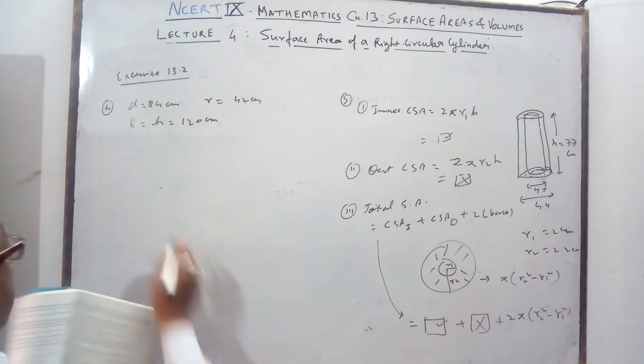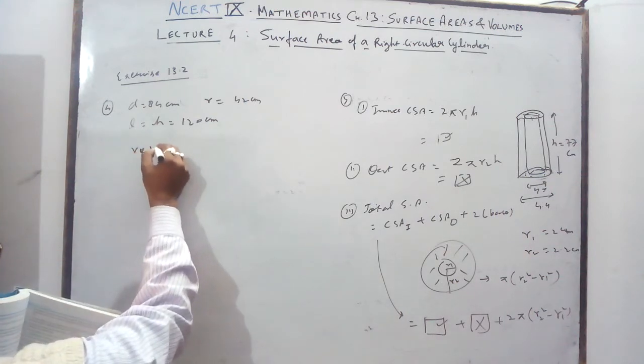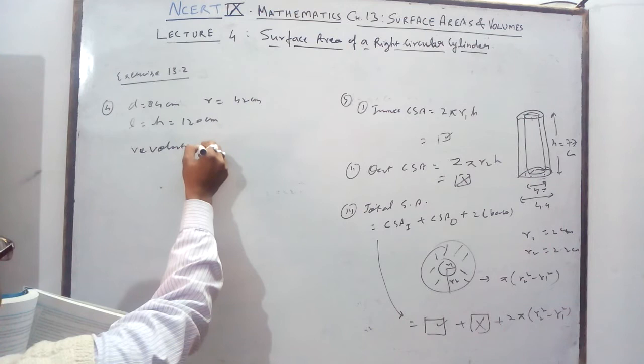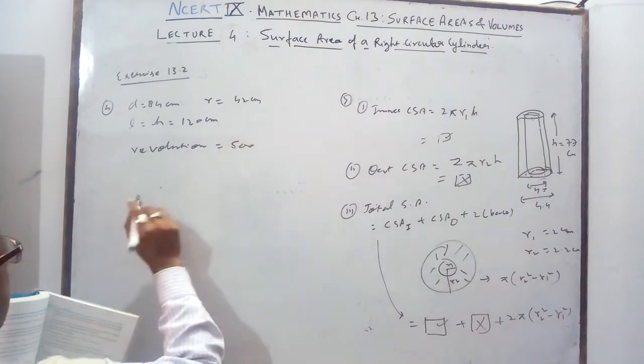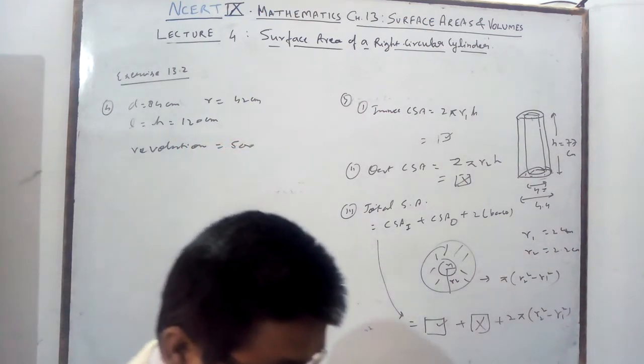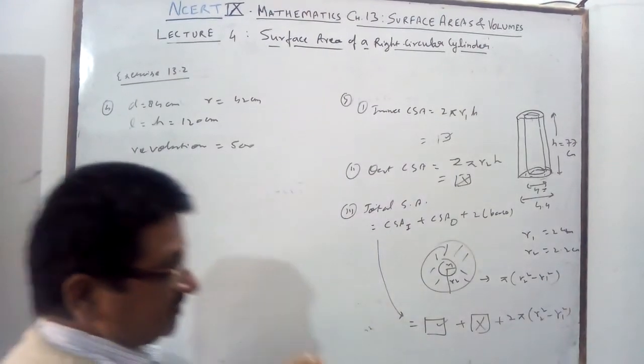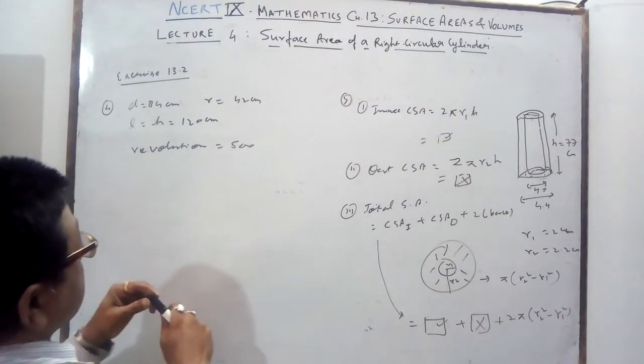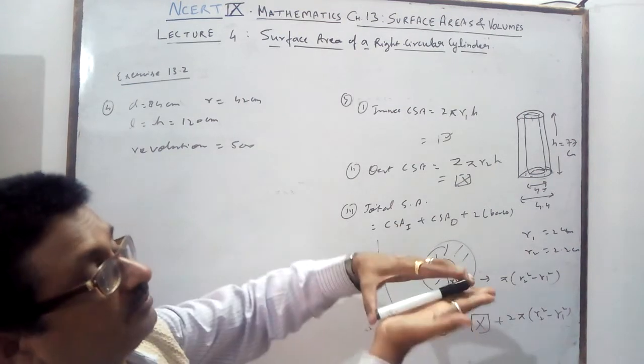So revolution is 500, for leveling the ground. What is the meaning of revolution? Revolution means how much area it covers. Roller is a cylinder like this. It is moving like this.